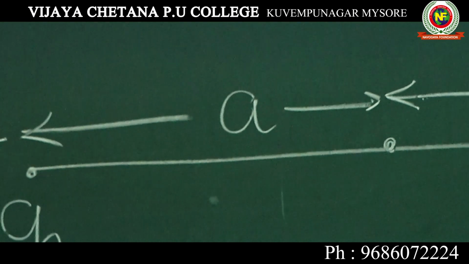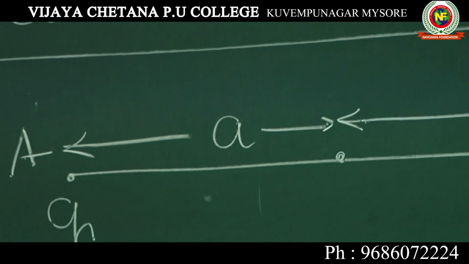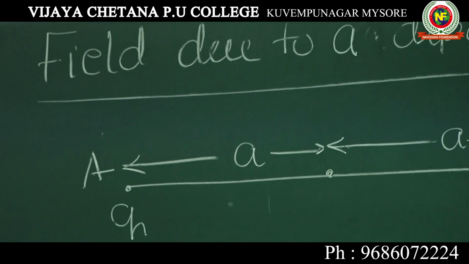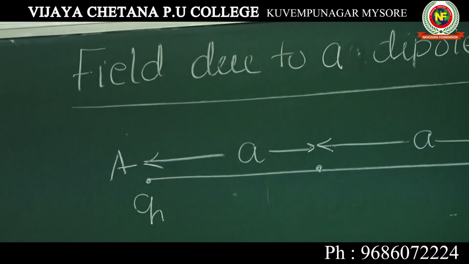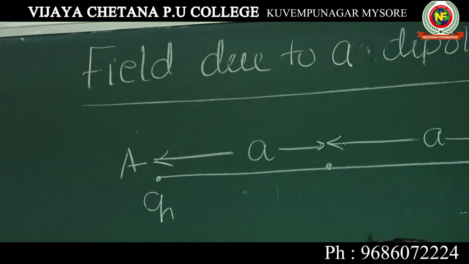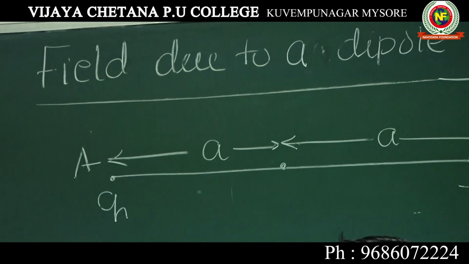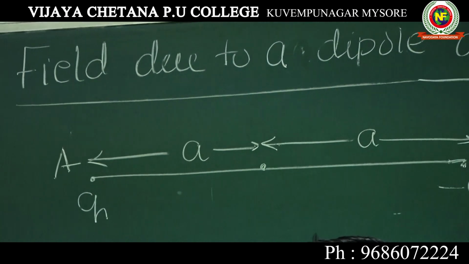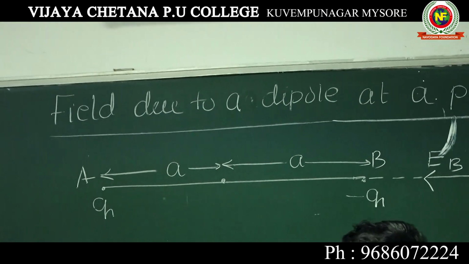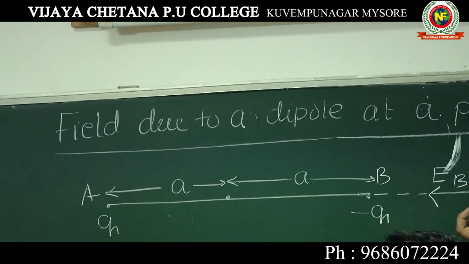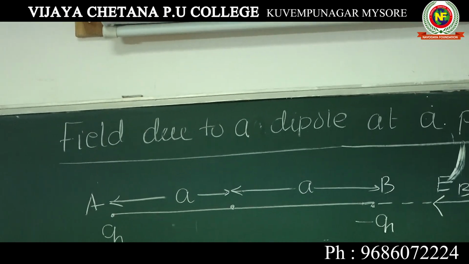Whereas the charge at B, which is due to negative charge, will exert an attractive force over this. This is the intensity due to the charge at B. But see here, while writing, I have written a short vector for this, but this is quite a longer vector compared to this.